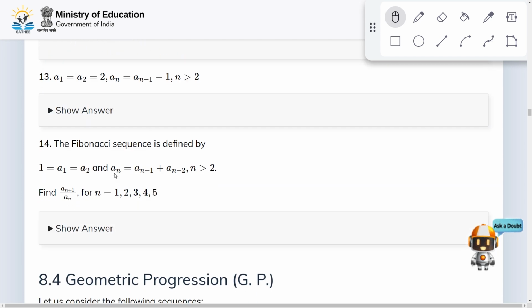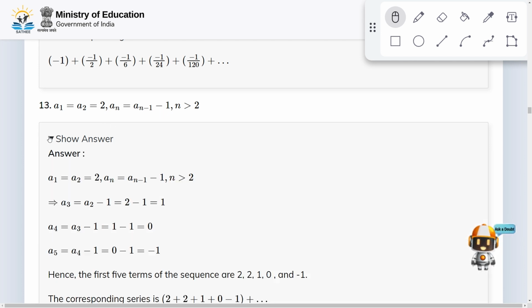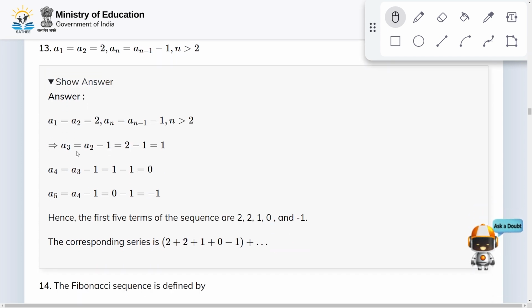Now 13. A1 and A2 will be the same, equal to 2. An is given by An equals An minus 1 minus 1. So find the first 5 terms. A1 and A2 are already given. A3 will be A2 minus 1, which means 2 minus 1 is 1.